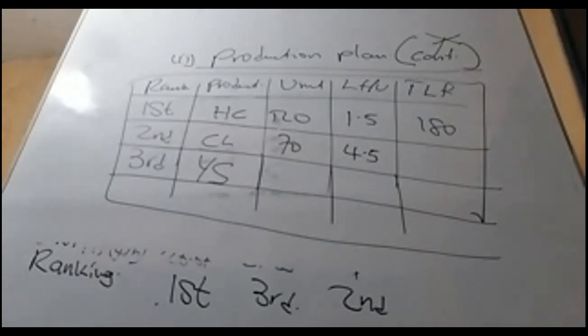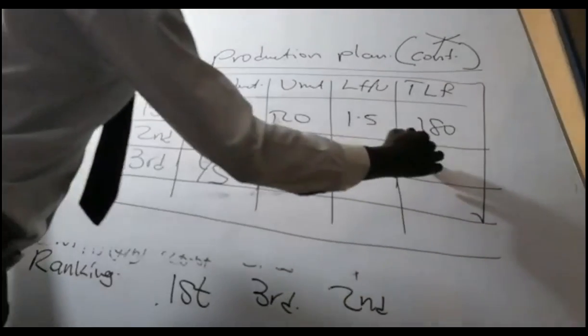We multiply. Then what do we get? 70 times 4.5. That's 315. Good. So here will be 315.